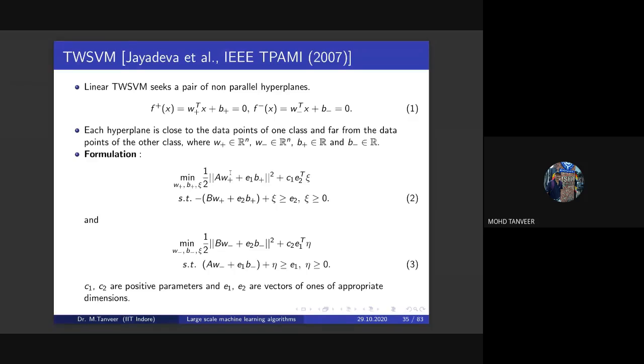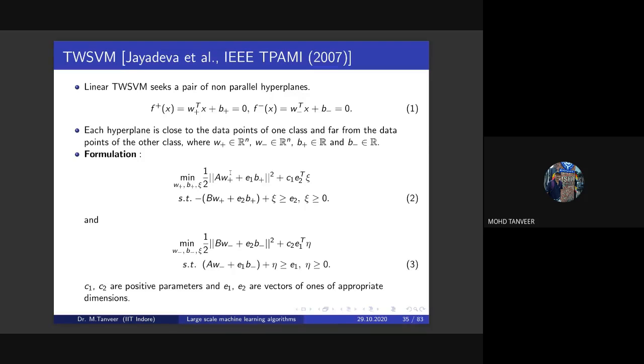So in equation 2, the first term is nothing but the sum of squared distances of data points of class 1, and the second term is the sum of error terms, the misclassification, and C1 and C2 are the parameters.